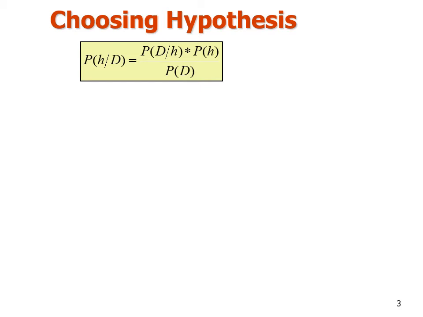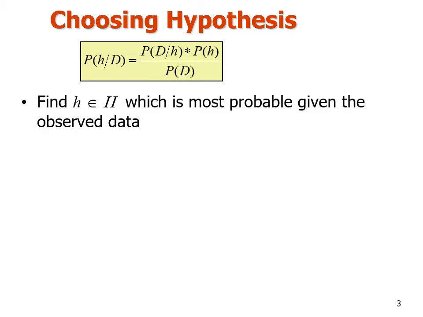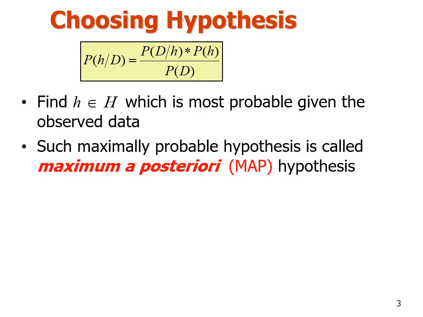In many learning scenarios, the learner considers some set of candidate hypotheses H and is interested in finding the most probable hypothesis H that belongs to capital H, that is the hypothesis space, given the observed data D. Any such maximally probable hypothesis is called a maximum a posteriori hypothesis, or in short, MAP hypothesis.